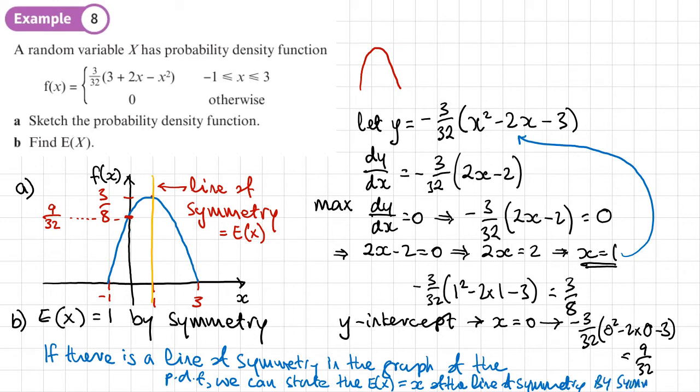That's how we found it. If that applies, that can save you some time, saving you having to do integration and work all of that out. You'll get exactly the same answer, 1.